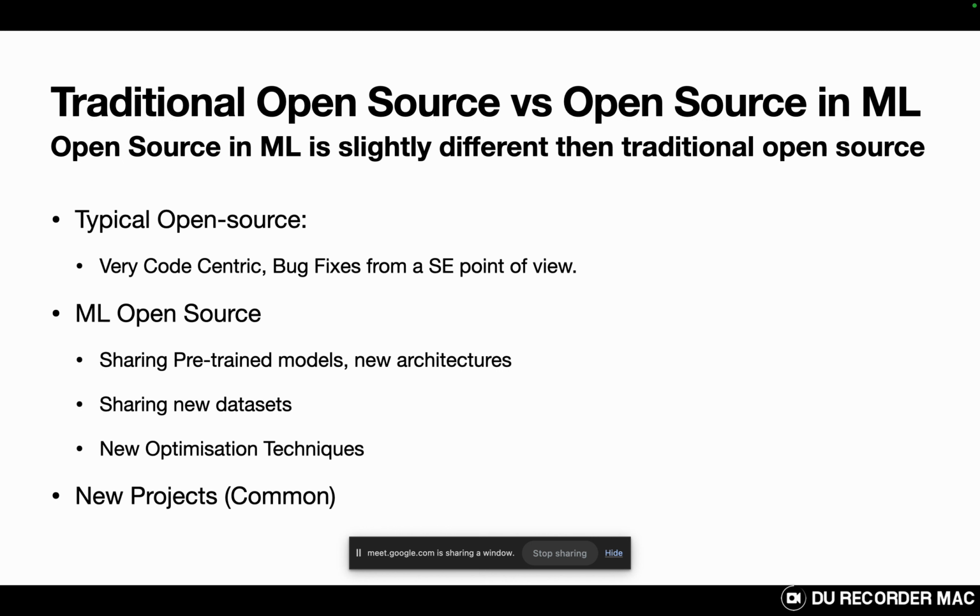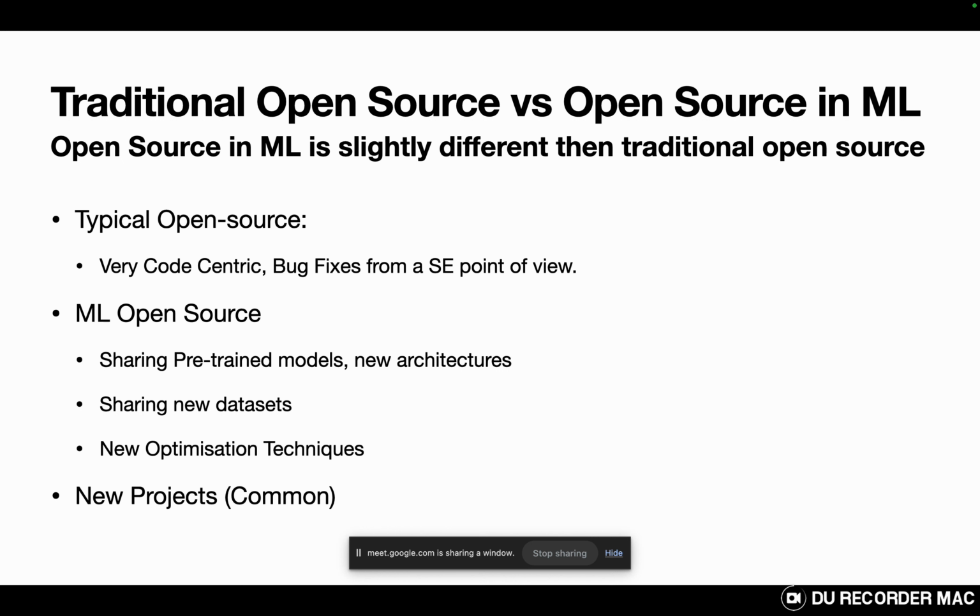But in machine learning, it is not always contributing to code or very code centric open source. There are some different paradigms in open source machine learning. For example, you can share pre-trained models that you have trained. You can share new architectures. You can share new datasets. You can share new techniques, new optimization techniques, or you can share how you have written a new model.